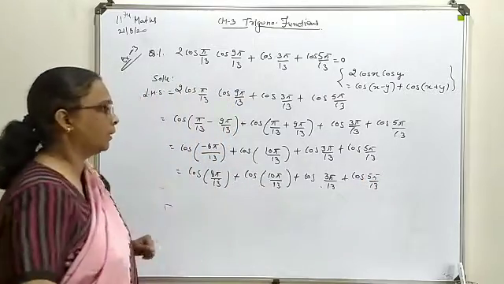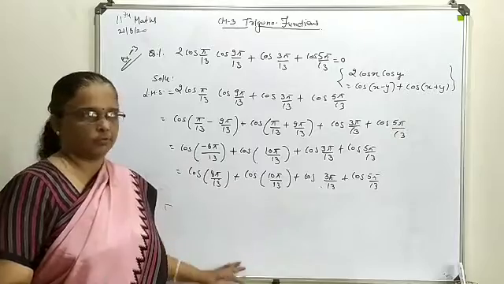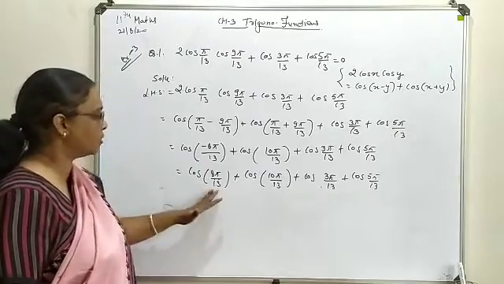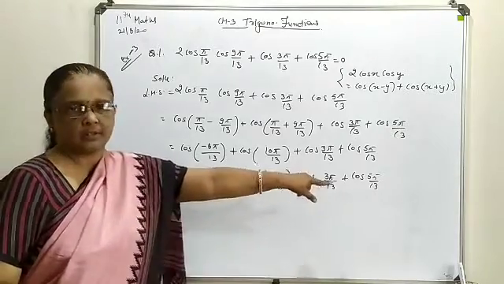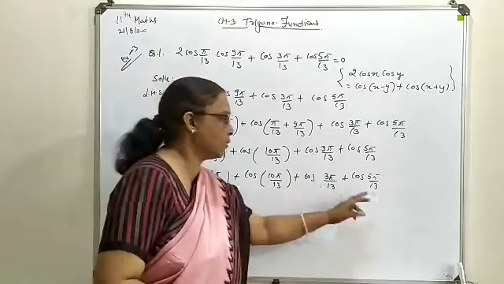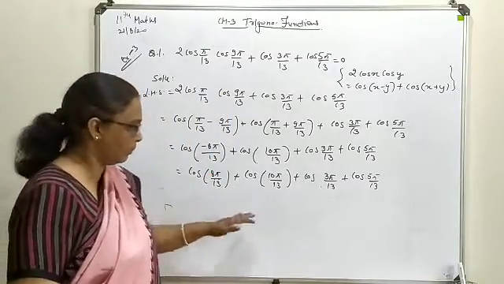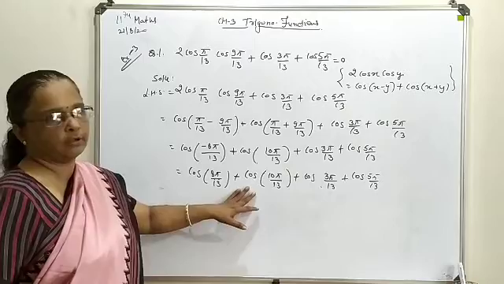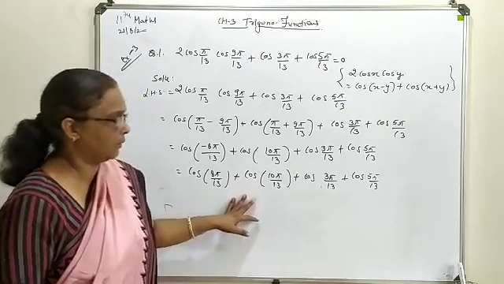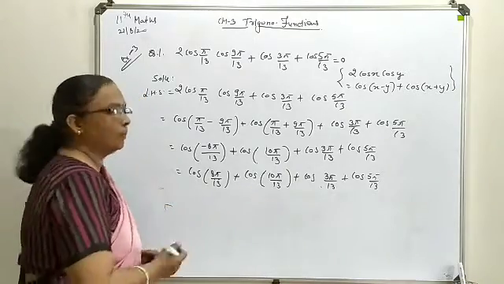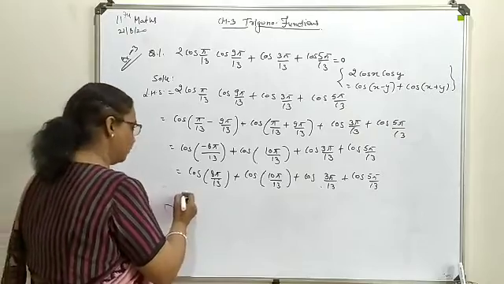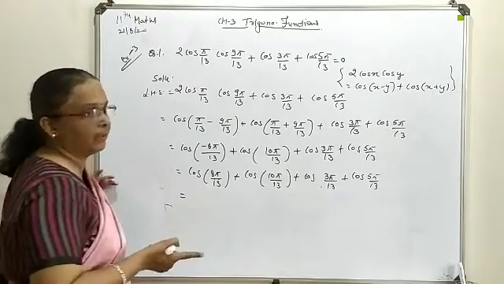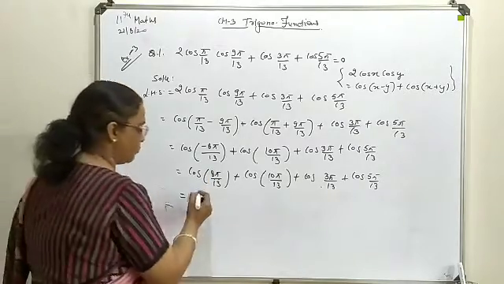Now here there are two methods to handle the situation. Either you change these two angles into this form, or these last two into the first two form. So it will be better to change these two derived forms as 3 pi by 13 and 5 pi by 13, making a difference with pi. So from the question itself you will have the idea of which combination you can generate.